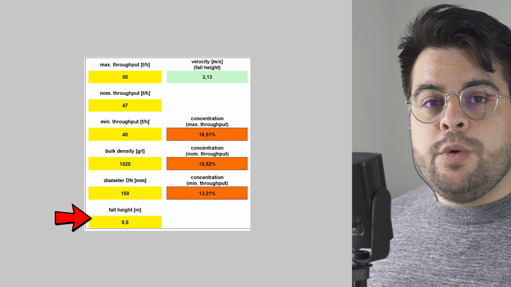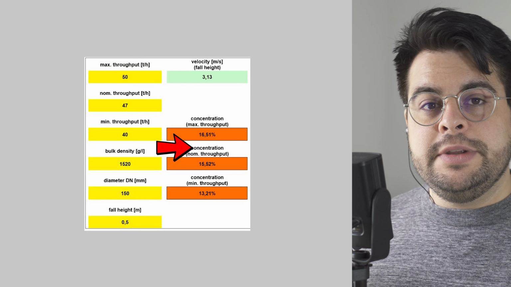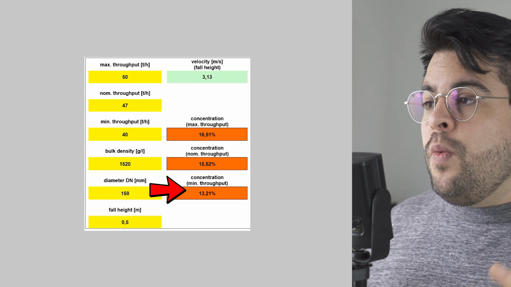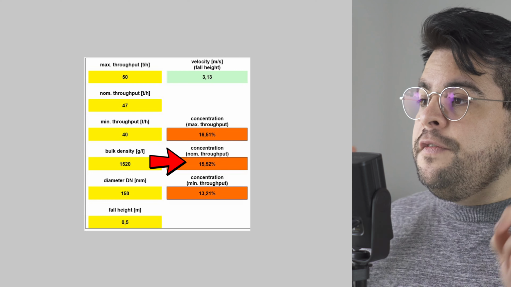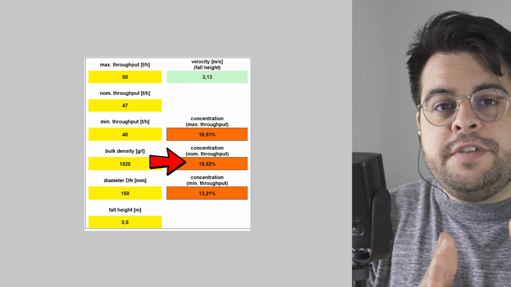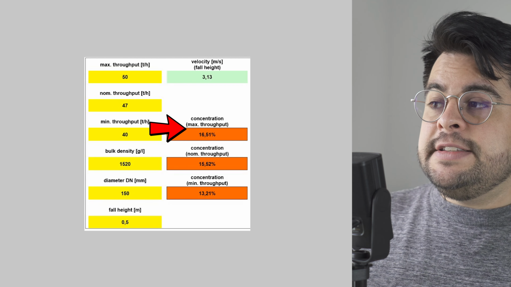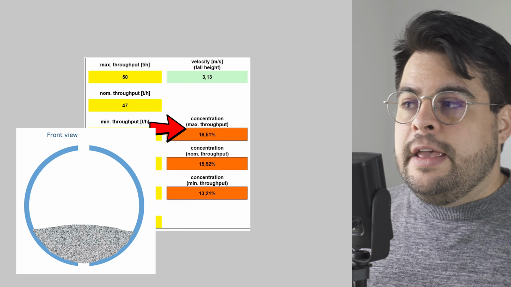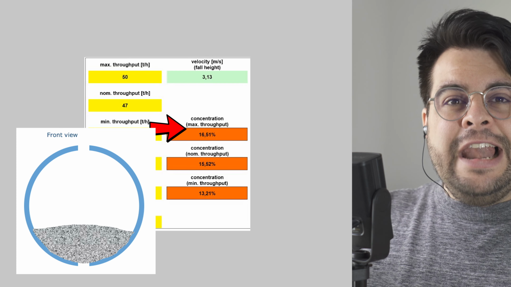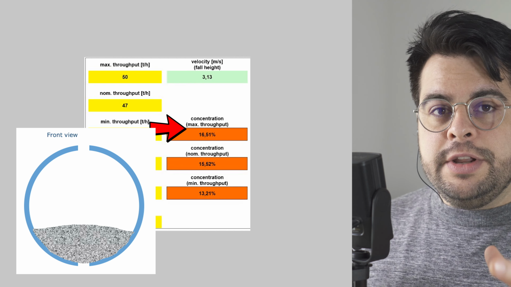Using this information, we can calculate how much of the cross-section will be occupied with material. In our application here, on a nominal throughput we have 15.52% of the pipe used, going from 13 up to 16.51% occupied. What does it mean? It means that less than 20% of the pipe will be loaded with material.